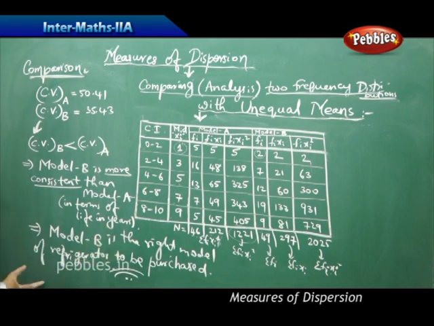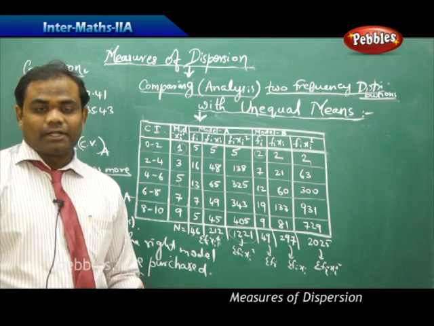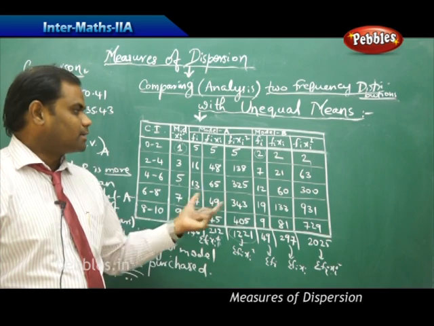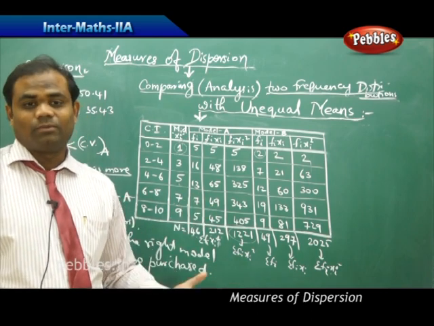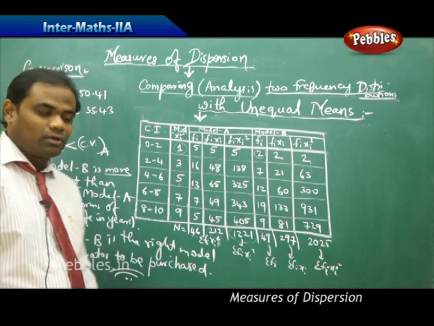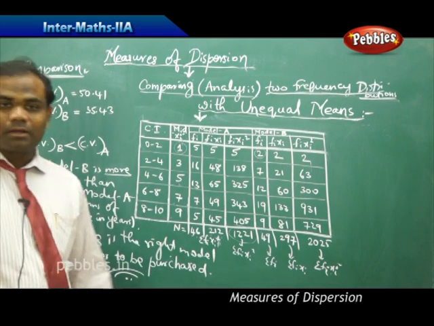So model B is the right model of refrigerator which I need to purchase on the given information of the class intervals and the respective frequencies of model A and model B with life in years. Model B is the right model I'm going to purchase.